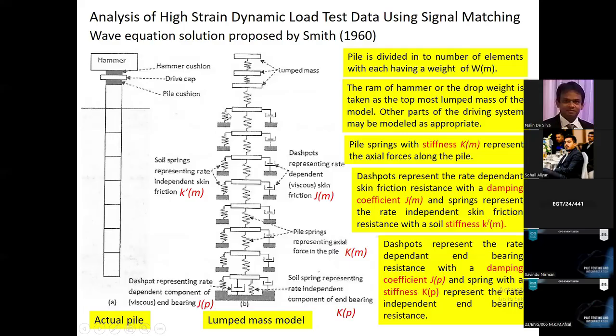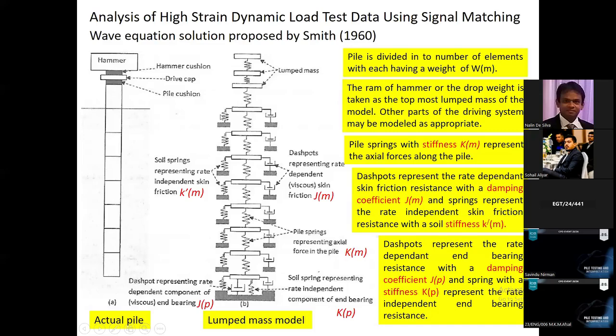This spring is representing the elastic response of the soil, and this spring is representing the pile to pile interaction, right? So likewise, this is divided into a large number of segments.